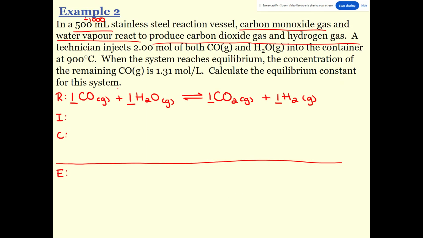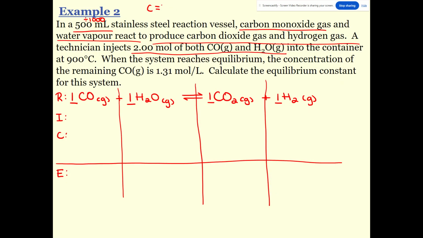Okay, I like drawing lines here, just showing again my stoichiometric quantities. I'm treating the reaction like the heading of a chart. So I am told the technician injects 2 moles of both reactants into the container. And remember, our volume needs to be converted into liters.